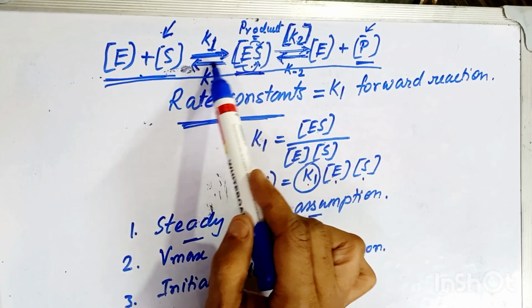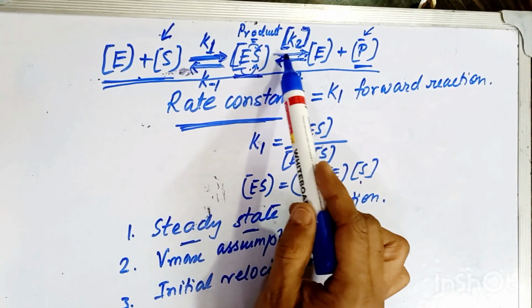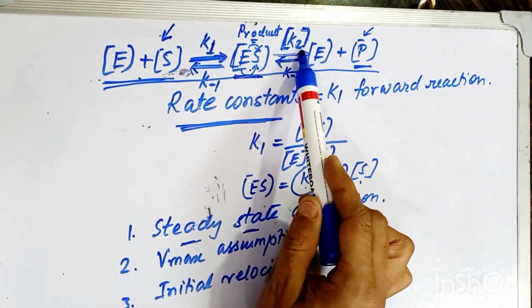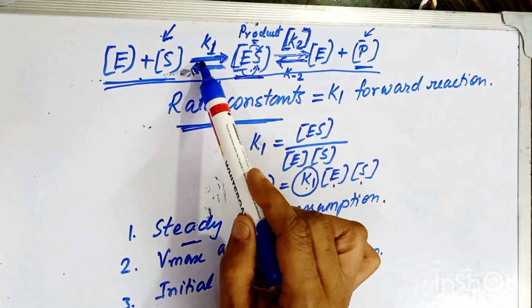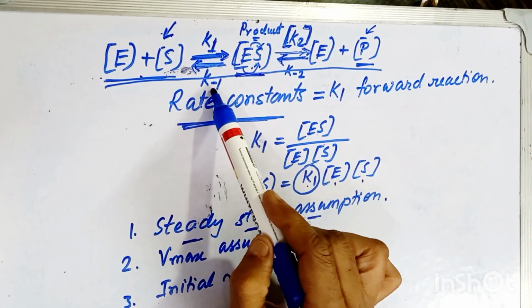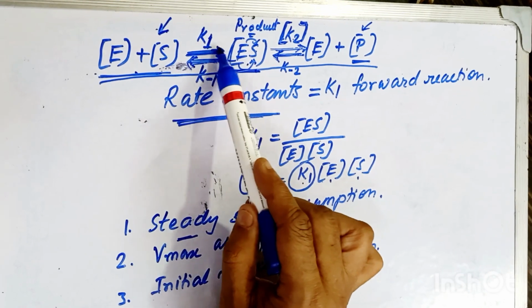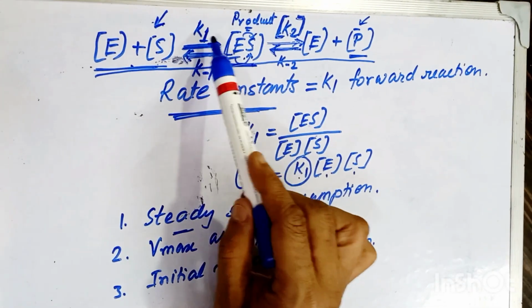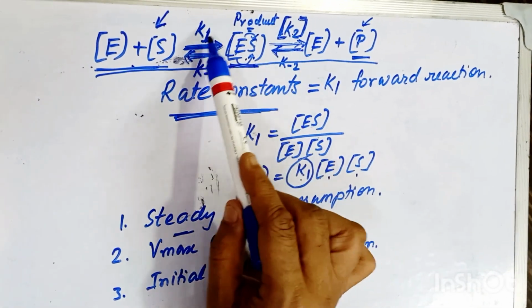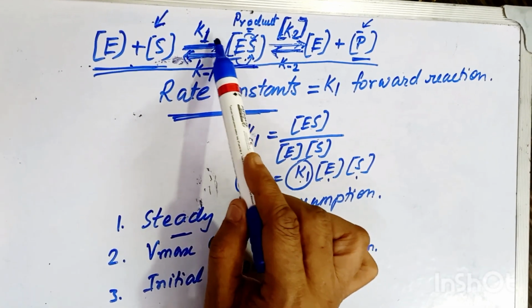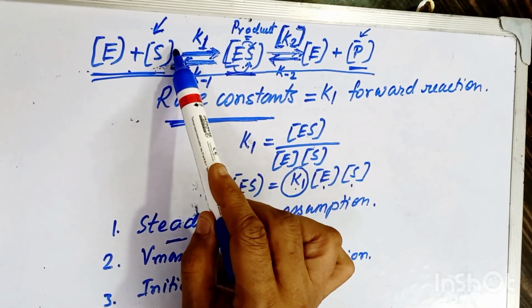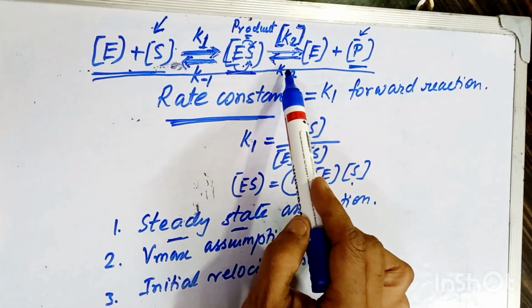ES is breaking down by the outside arrows. Here the outside arrow is K2, and here another outside arrow from ES is K minus 1. And the inside arrows towards ES determine the rate of formation of ES, that is this K1 and this K minus 1.